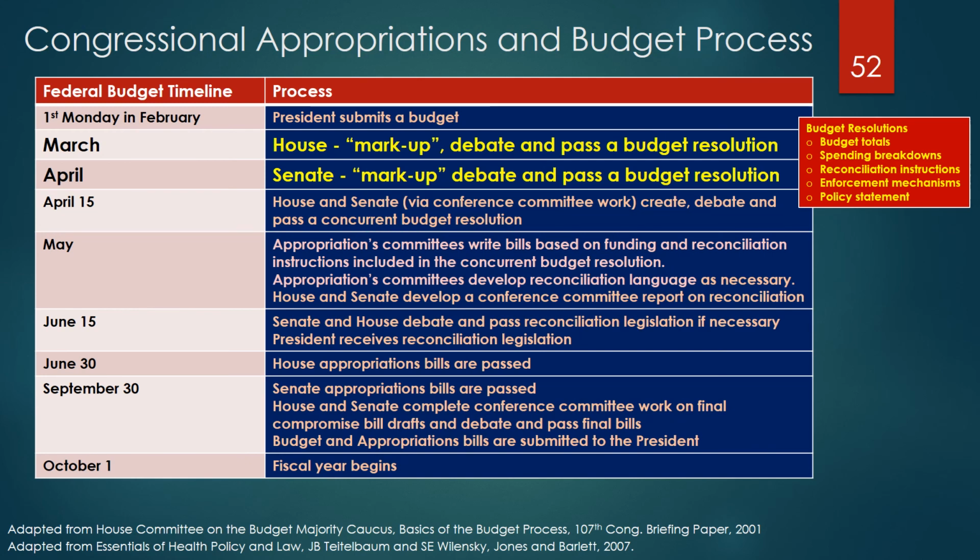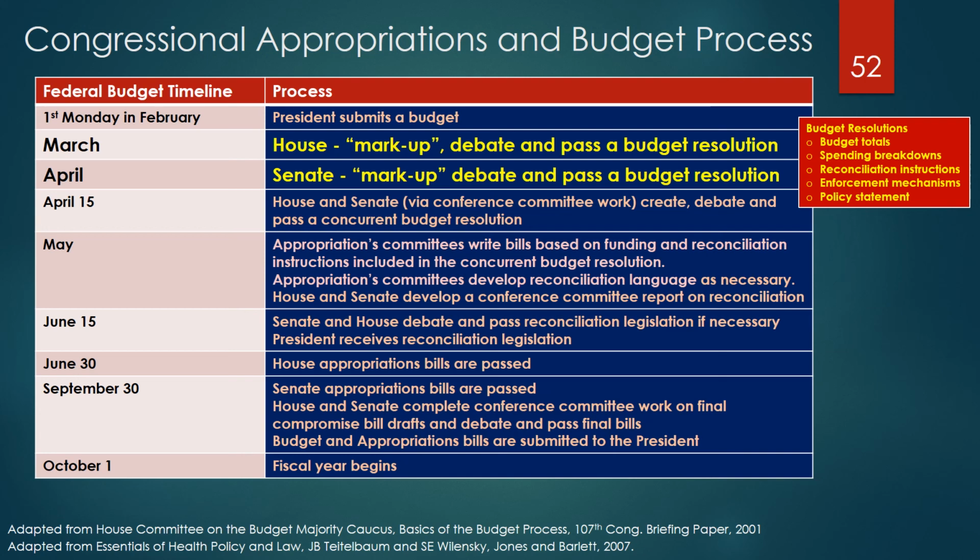In March and April, the House and Senate budget committees craft a budget plan during public meetings called markups. When markups are completed, budget committees send a budget resolution to their respective chambers.